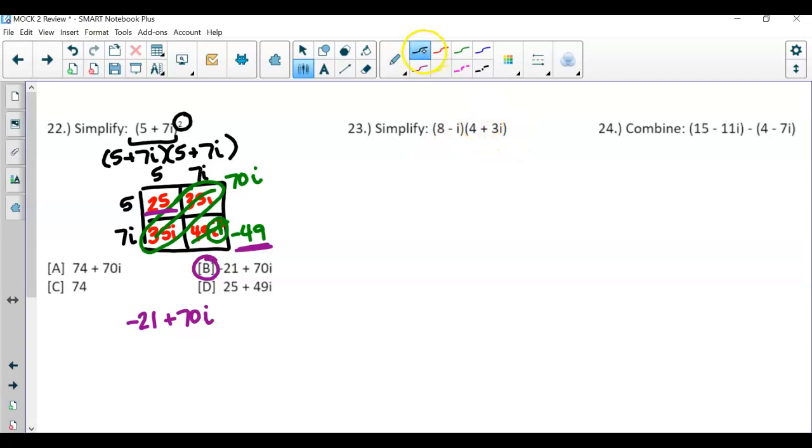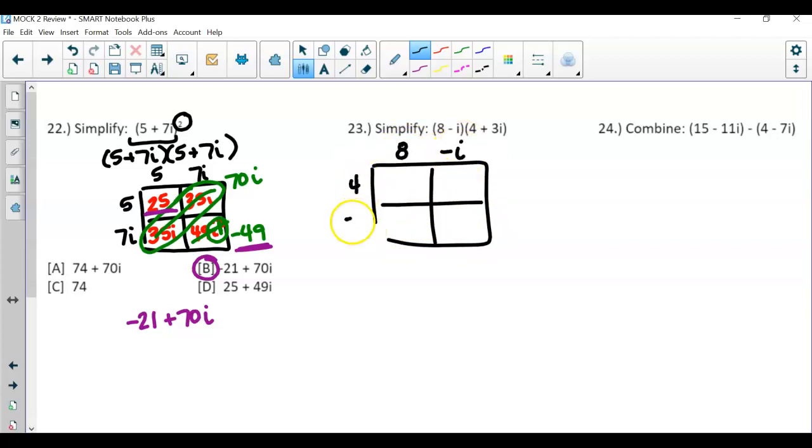Then 23, we're just multiplying. So again, I'm going to go straight to my box method. And we're going to multiply 8 minus i times 4 plus 3i. Same thing here. I have 32, negative 4i, 24i, and then negative 3, but i squared.